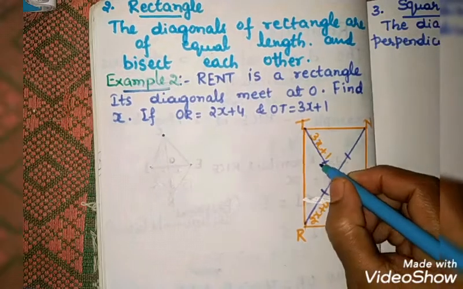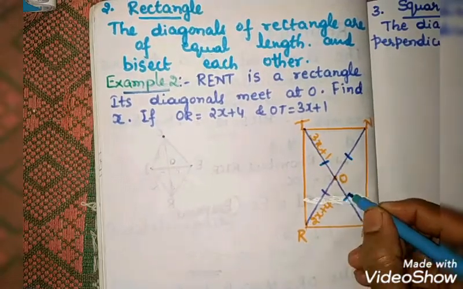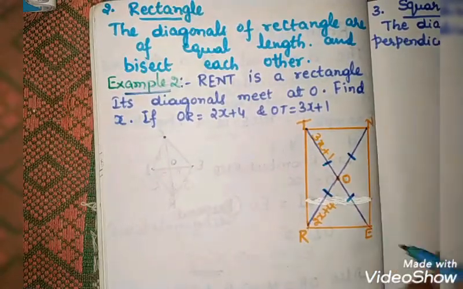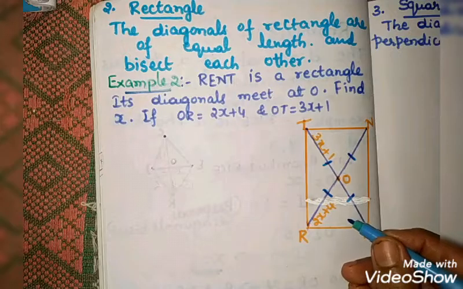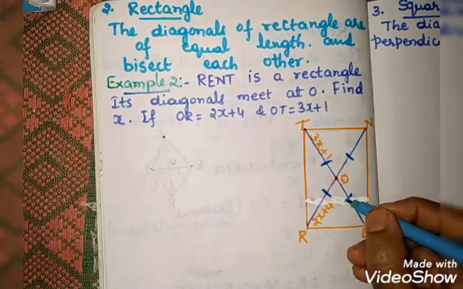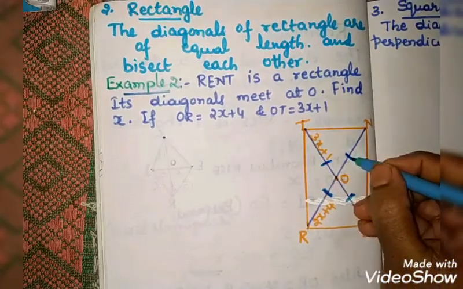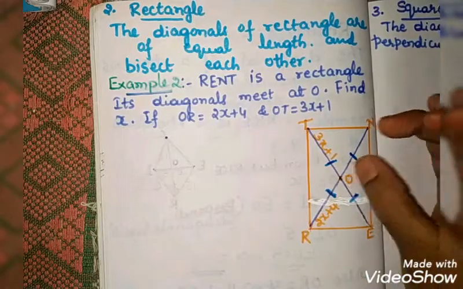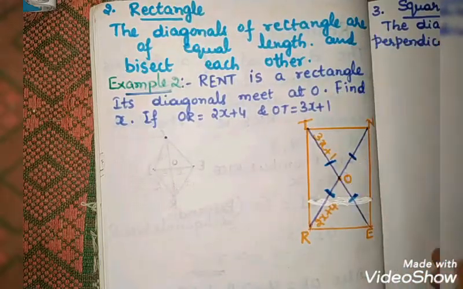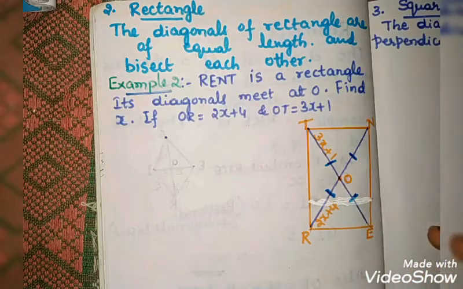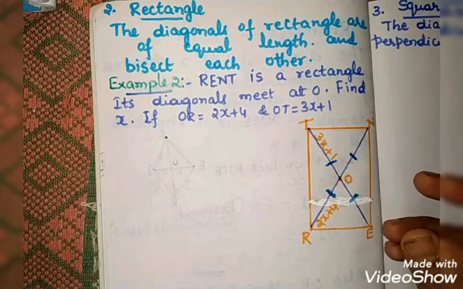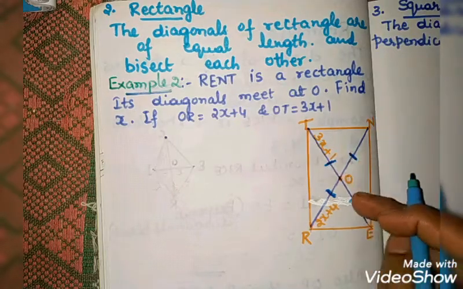Whatever mark is made here, this shows that this portion is equal to this portion, OR is equal to ON, OT is equal to OE. But can you tell me whether all the four parts are equal?